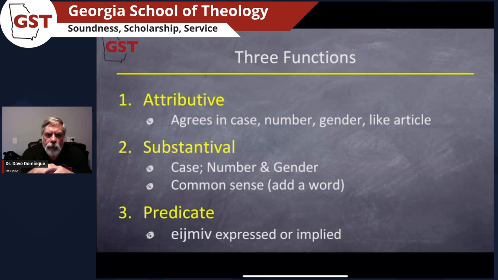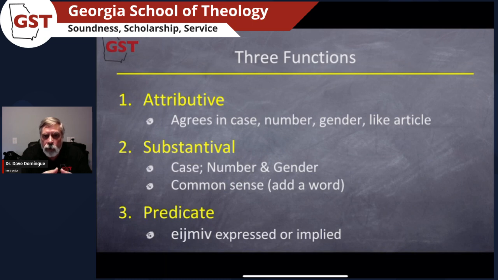It can function substantively. Then in that case, it won't agree, excuse me, there's nothing to agree with. I know that sounded wrong. So it will have the case, number, and gender that it's functioning as. So it's functioning as the nominative. It's functioning as a subject.